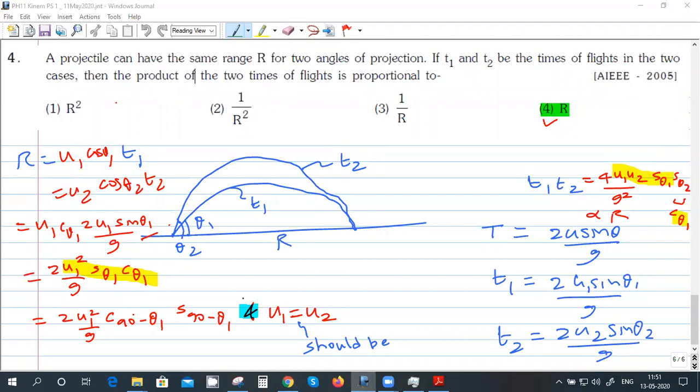Okay, the range is u1 cos theta 1. If you look at the formula for range, it is 2 u1 square sin theta cos theta by g, right? Let me write it again.